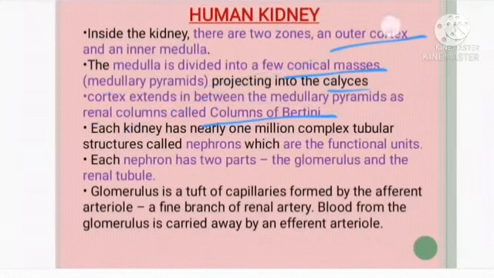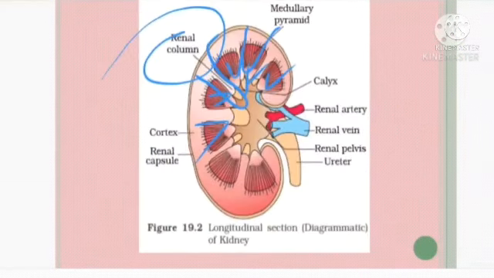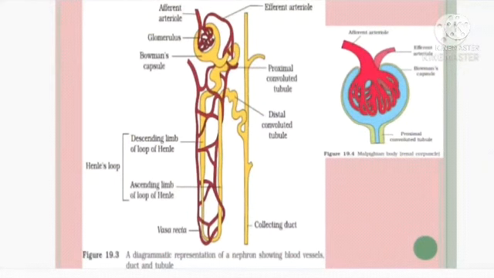Each kidney has nearly 1 million tubular structures called nephrons, which are the functional units, and we will be learning the structure of the nephron. The nephron has two parts: the glomerulus and the renal tubule. This is the structure of the nephron.